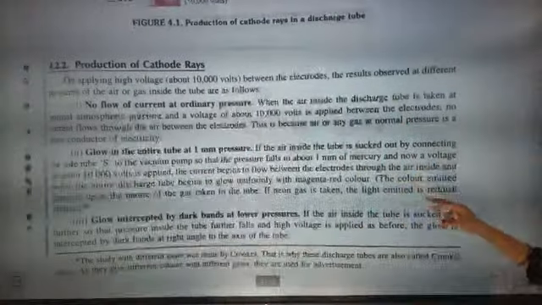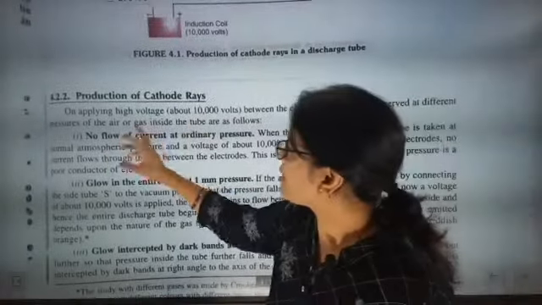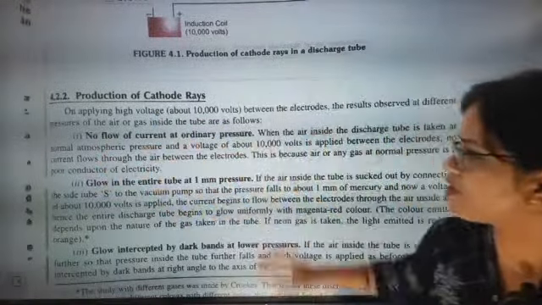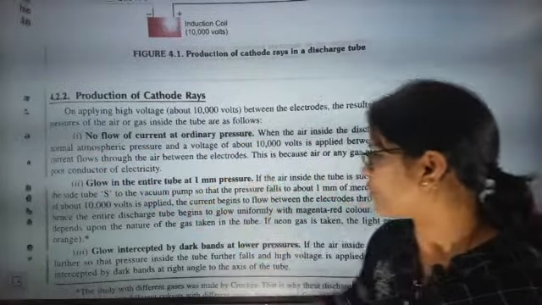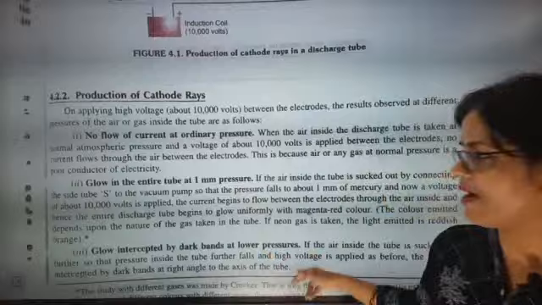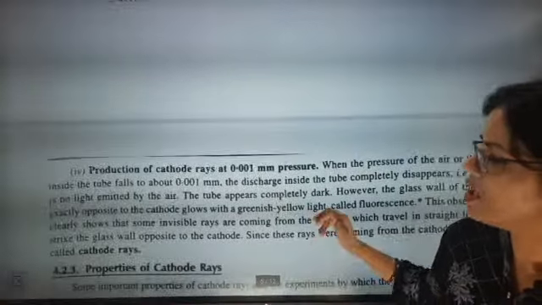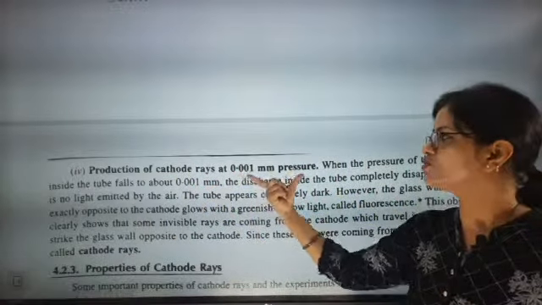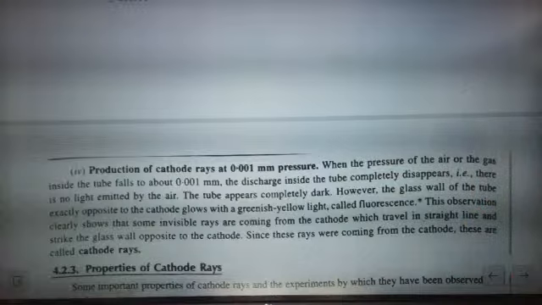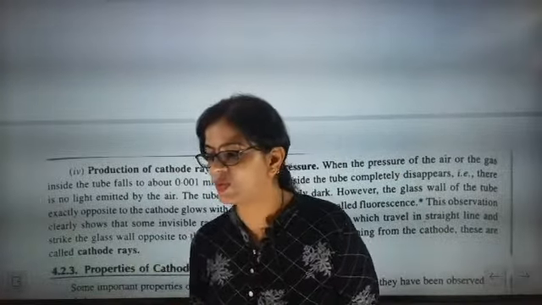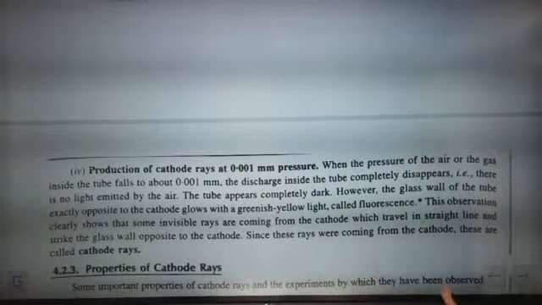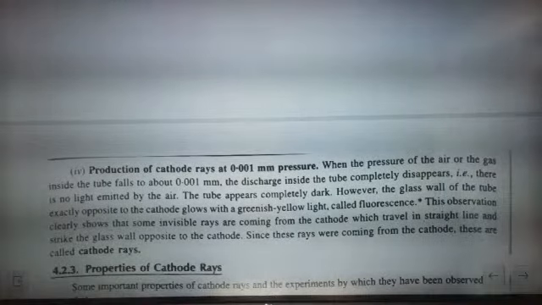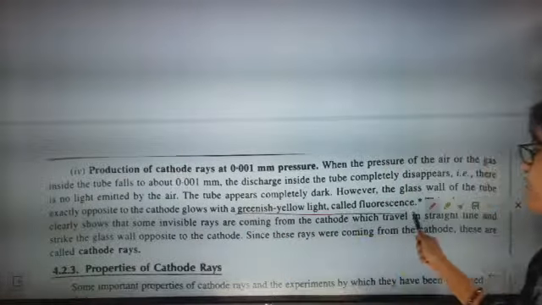On applying high voltage between the electrodes, the result observed: no flow of current at ordinary pressure, the entire tube glowing at 1 mm, but a dark band was formed when we reduced the pressure. When the production of cathode rays was done at 0.001 mm pressure, the side of the anode started glowing with greenish yellow light, called fluorescence.